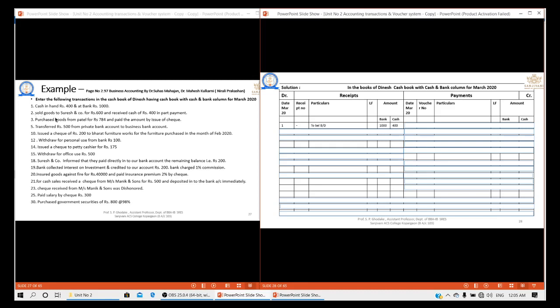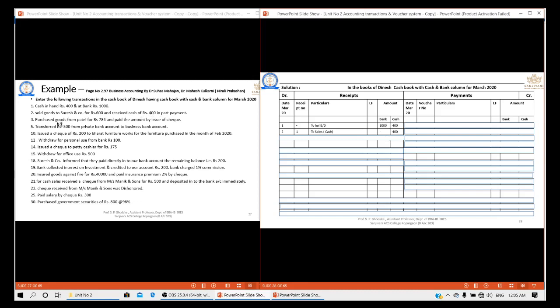Then on second, sold goods to Suresh and company for rupees 600. Now here we have sold the goods and received cash of rupees 400 in part payment. So 600 minus 400, still 200 remain, but we have received 400, so it is a receipt. So on second we write here to sales cash, and in the cash column we will write 400 because it is in the form of cash.